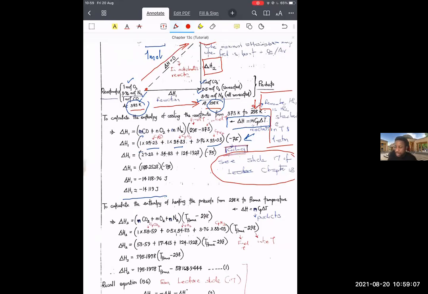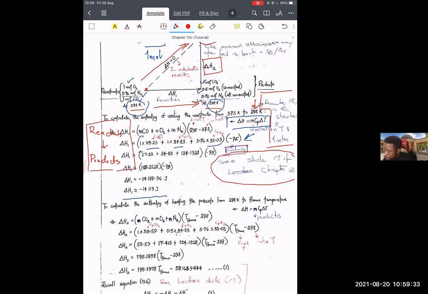So remember, we did reactants to the products. Let me write here, reactants. Everything is getting packed now, so that's why it would be good if you can have your own note. Reactants to products. So this is this point.